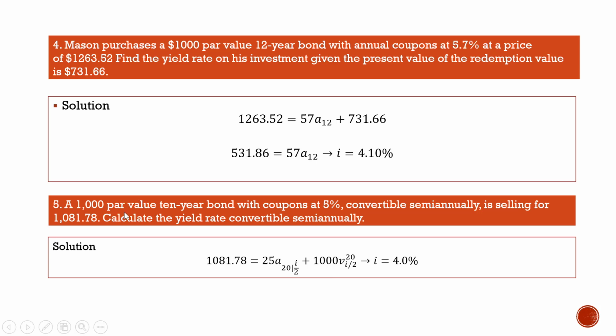So if the question gives you a par value bond, that means the redemption value is at par. So using this equation, we figure i/2 by calculator and then times 2 to get i. So i is 4%. So that means the nominal interest rate is 4% convertible semi-annually.